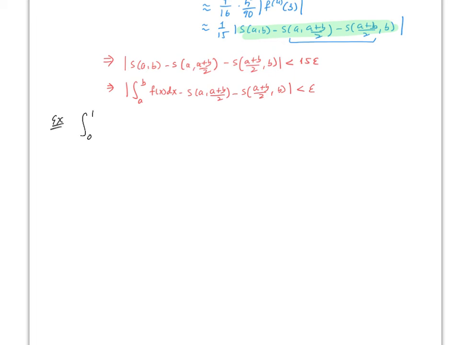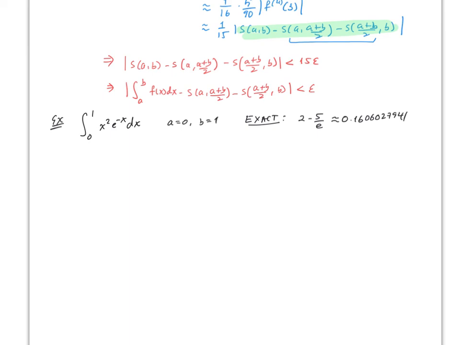So let's say you want to integrate x squared e to the minus x dx from 0 to 1. Okay? So clearly here the value for a is 0 and b is 1. Now the exact solution, which is easier to check, is equal to 2 minus 5 over e, and this is around 0.1606027941.